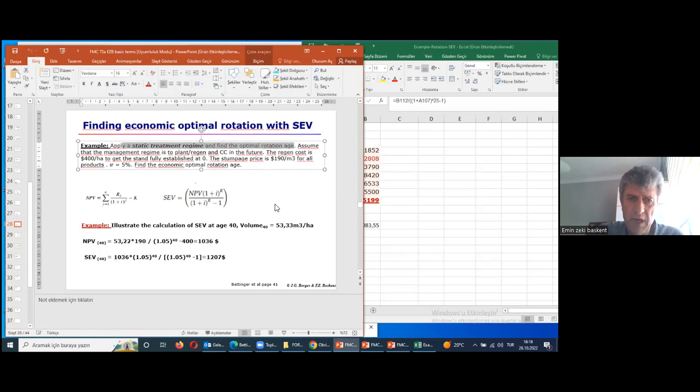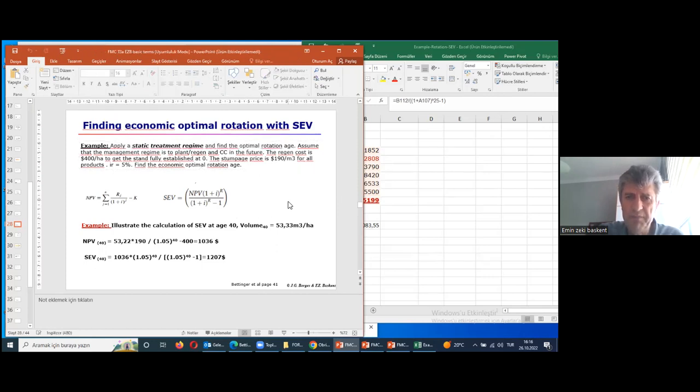This is the problem. How can we find the optimal rotation age given a certain set of treatment regime, silvicultural operations? We'll assume that the regime is to plant or regen and clear cut in the future. The regeneration cost is 400 per hectare to get the stand fully established at the age of 0.